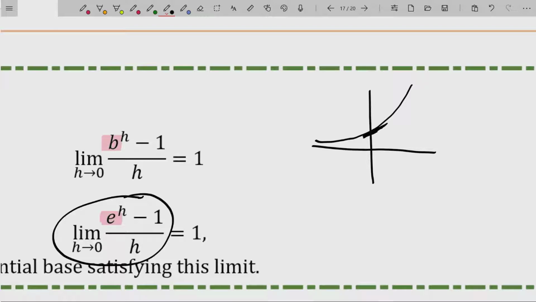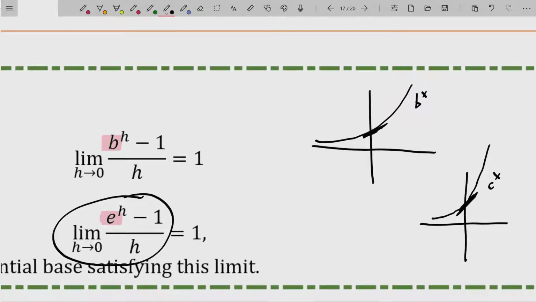You can adjust those bases to climb higher faster or to be more shallow. But we'd like to adjust it to the perfect value such that the slope at x equals 0 is 1. And we would call that, let's just call that c for now.